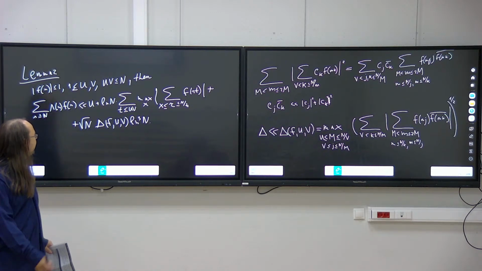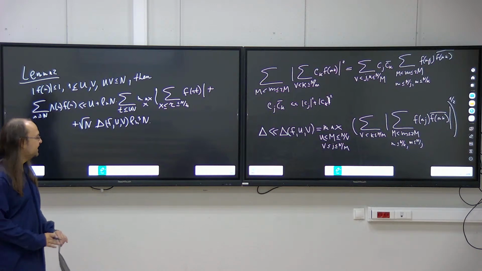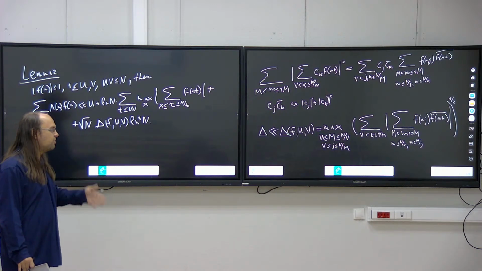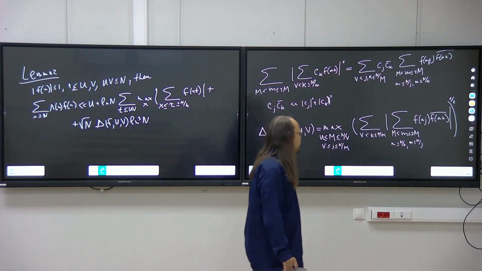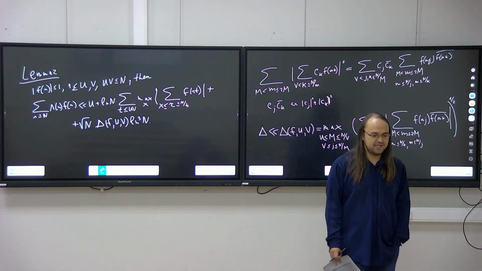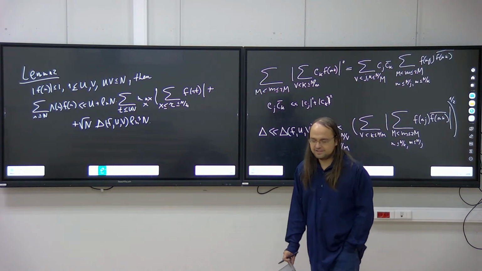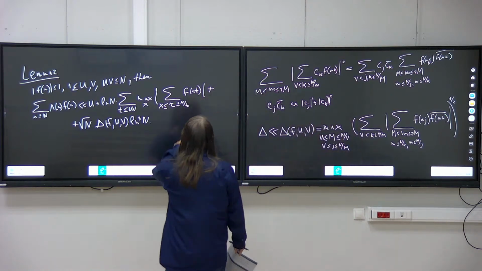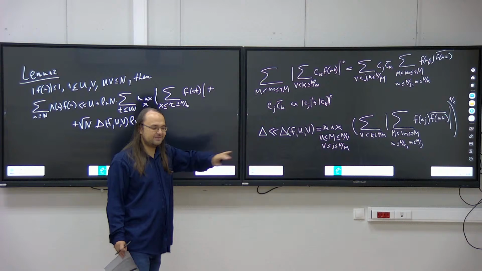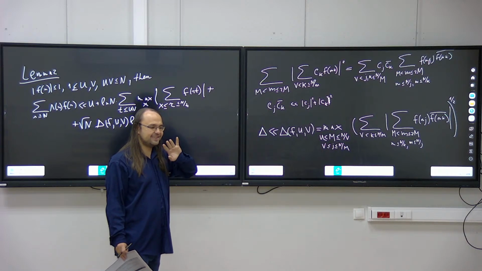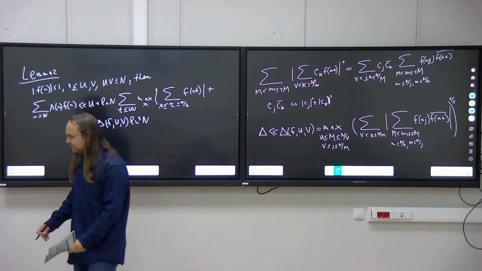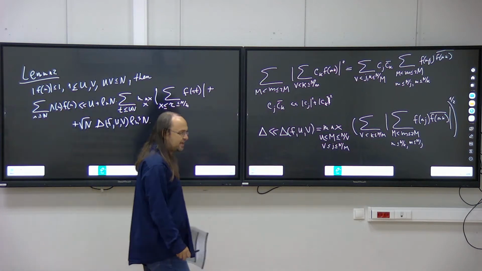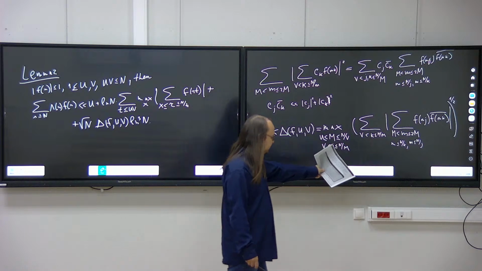So I've just compiled everything together. And what is the hope of all of this is that we assume that f is an oscillating function, and then we hope that all these sums will exhibit some cancellation. And let me show you the application.